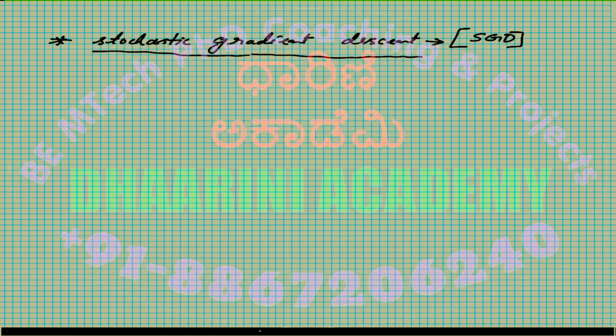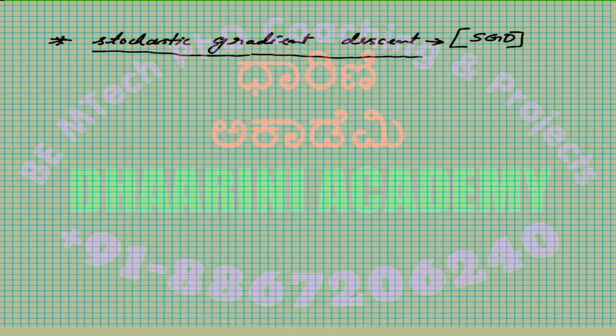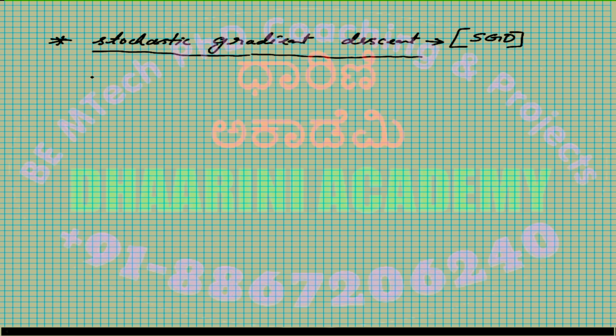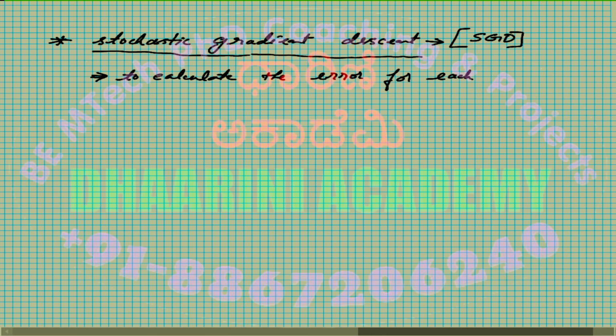Okay, so the stochastic gradient descent basically refers to the fact that we are trying to calculate the error for each of the training data.